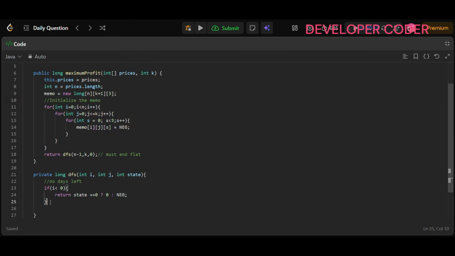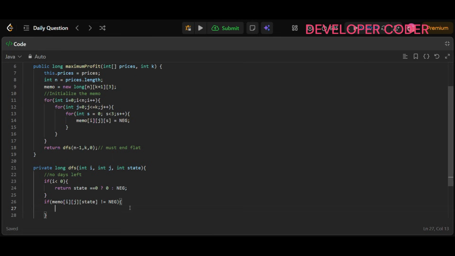So here I'm just going to check if memo of i, j, and this state I'm passing here. If this value is not equal to negative infinity, that simply means that maybe in my tree I have already got the value for this particular i, j, and state in the past.